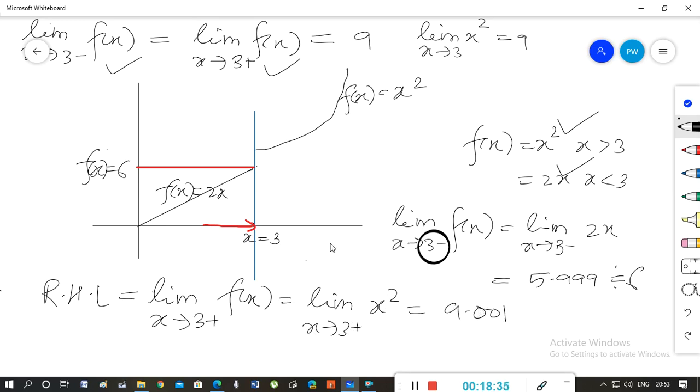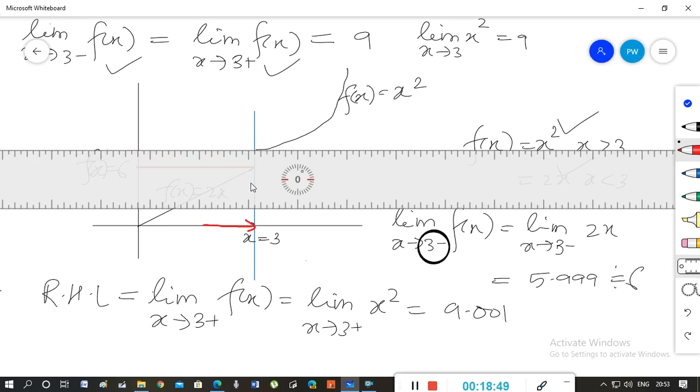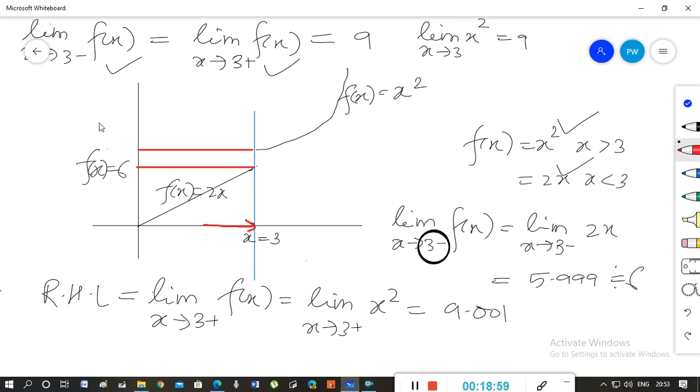The definition was x square for x more than 3. So the value will go near to 9 from the top. So it will be 9. If I draw this line, it will come near to 9. f of x will be 9.